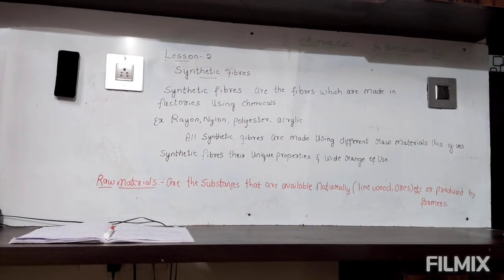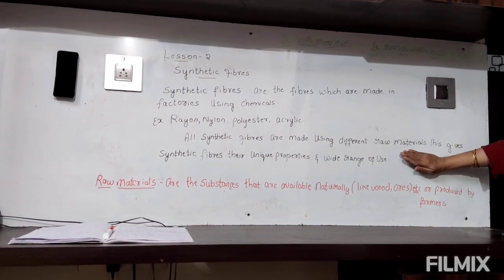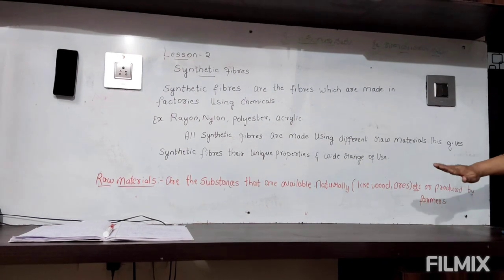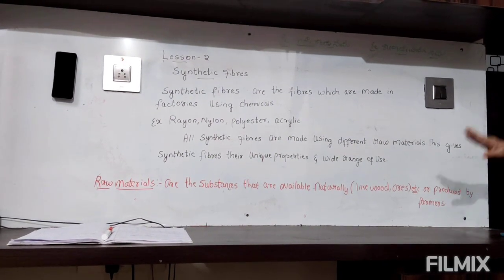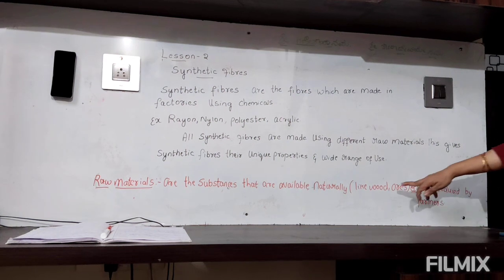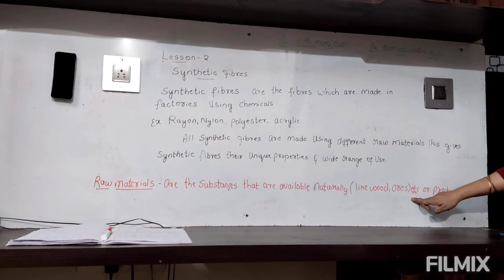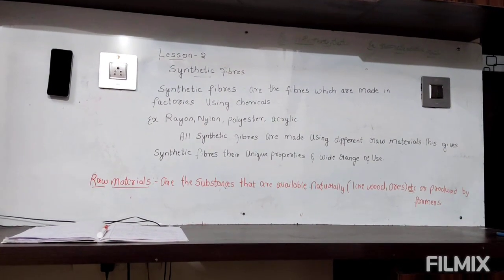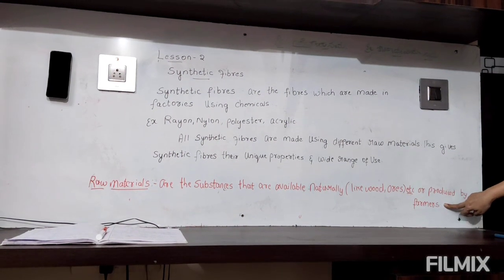So what are these raw materials, guys? Raw materials are the substances that are available naturally, like wood, ores, etc., which are produced by the farmers. Understood?